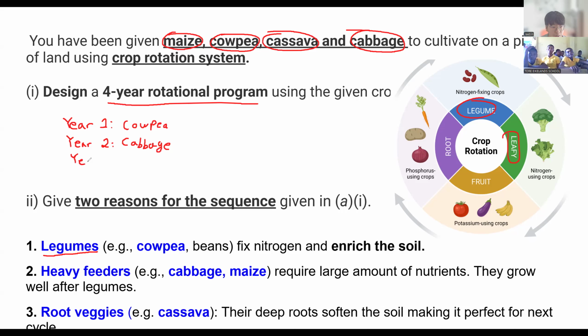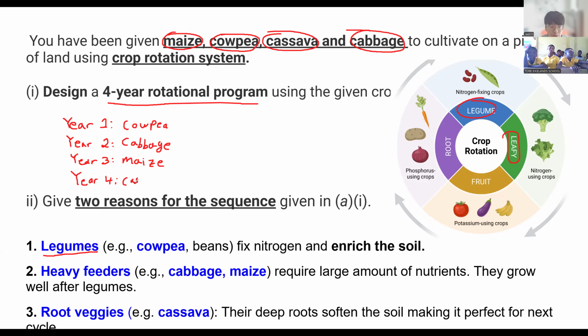Year three. What comes? Salad. Beans. So, we have maize and cassava left, but maize would be a better option because of what comes next in year four, which is cassava, finally.